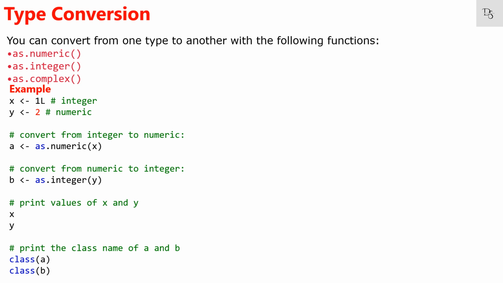So a equals as.numeric of x. It will convert it into numeric. Next, numeric to integer. So the as.integer function is used to convert to integer. Next, we print x and y. We get the values of x and y. Class means we get numeric and integer.